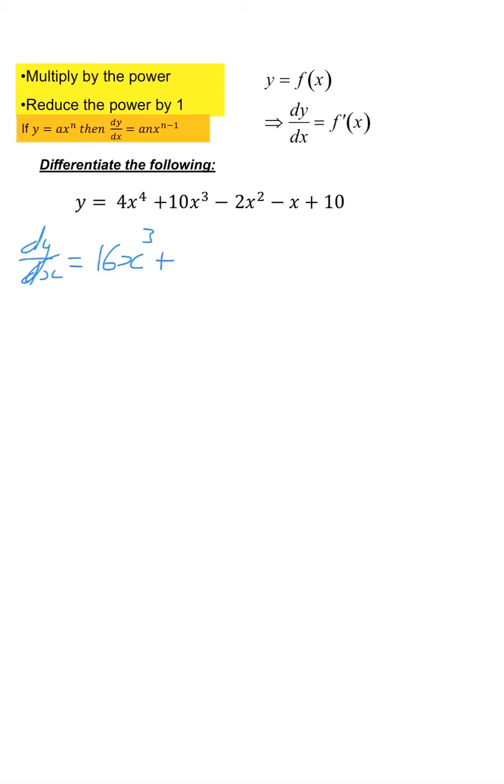Again now, 10 times 3 is going to be 30x squared. 2 times minus 2 would be minus 4. And then remember, x squared just becomes x. Now the minus x will become minus 1. And then the 10 is gone. So that's my answer then.